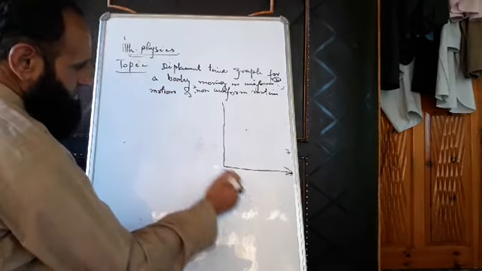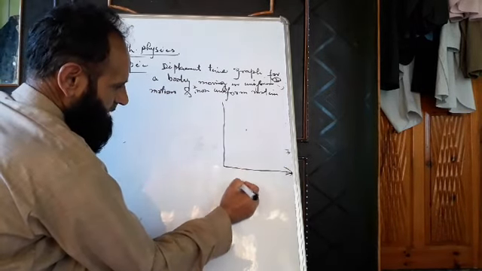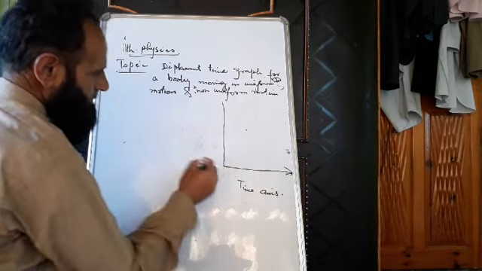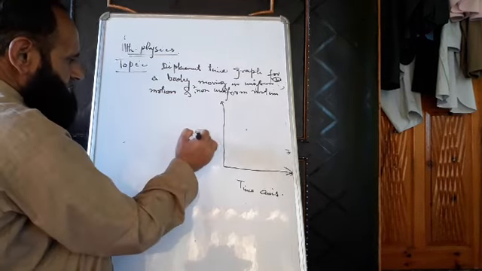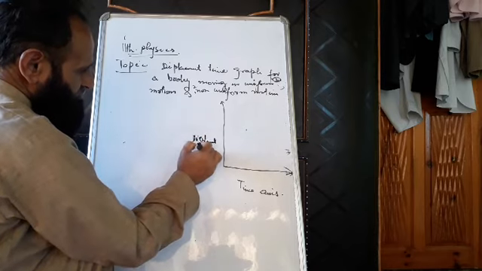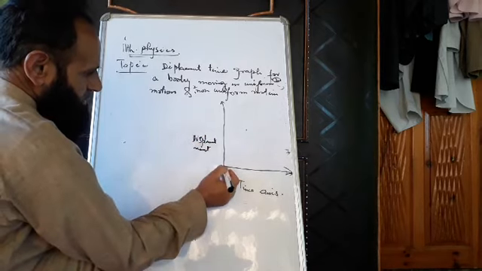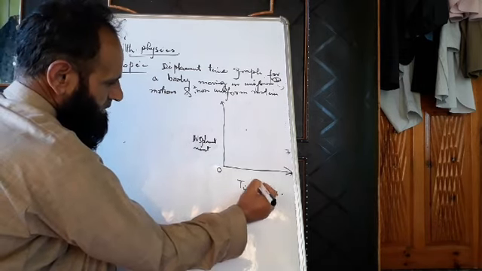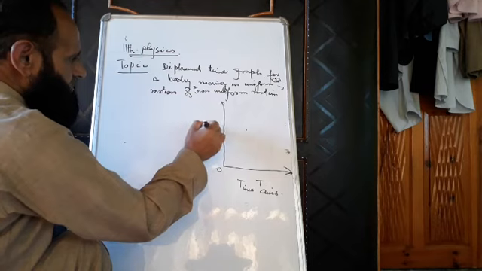Let us take this as our time axis, and this is our displacement axis. This is our origin O. We show time by t and let us show displacement by x.